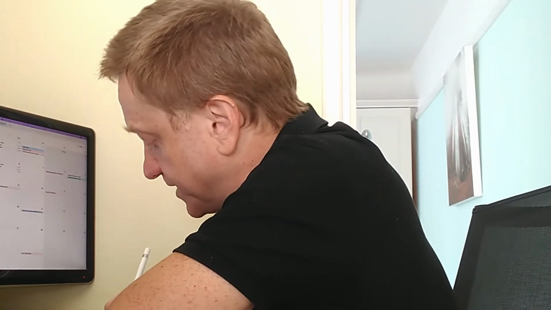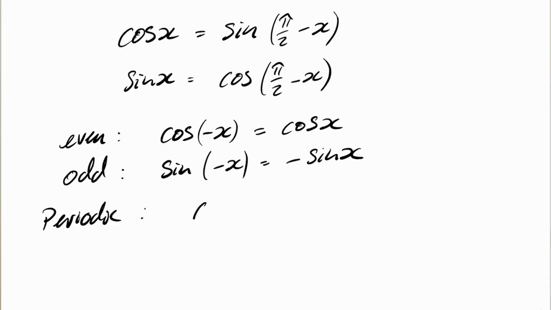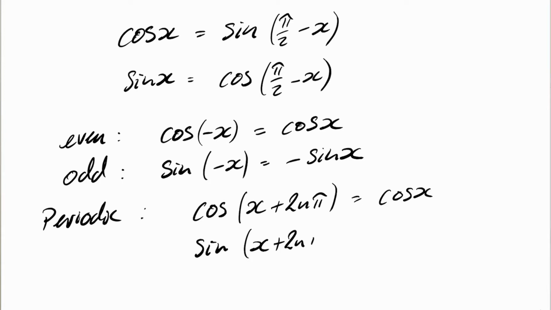Both functions are periodic, which means if I add on any multiple of 2 pi, then I return the same value. So cos of x plus 2n pi, where n is any integer, positive or negative, gives me cos x, and the same for sine.